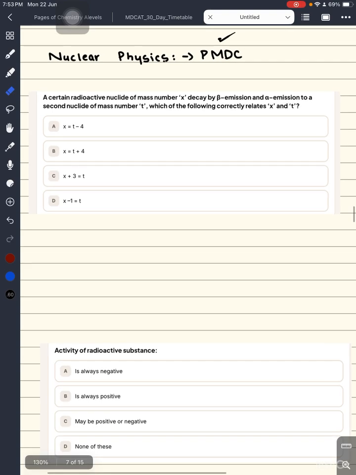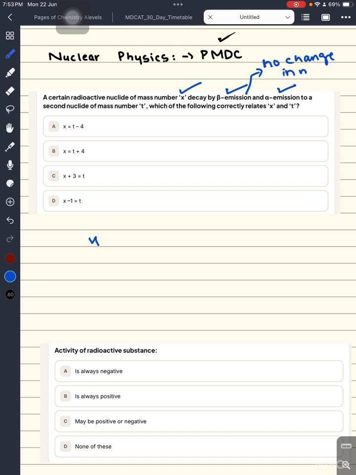So the first MCQ says: a certain radioactive nuclide of mass number x decays by beta emission and alpha emission. We know that in beta emission there is no change in mass number, but in alpha emission it decreases by 4.